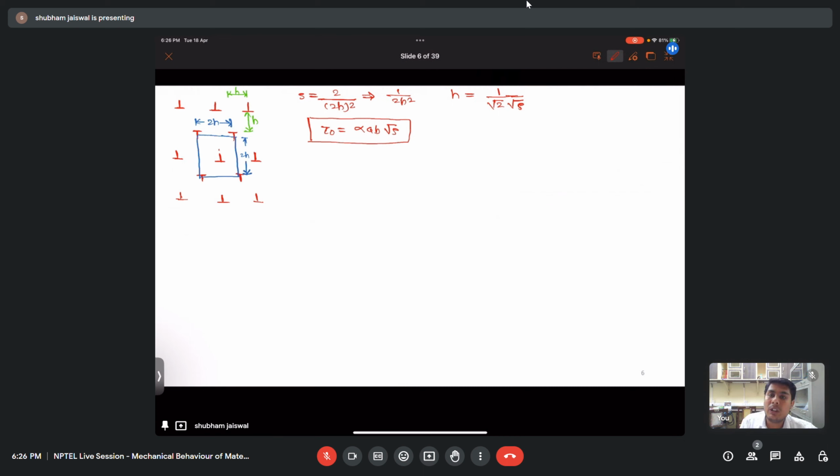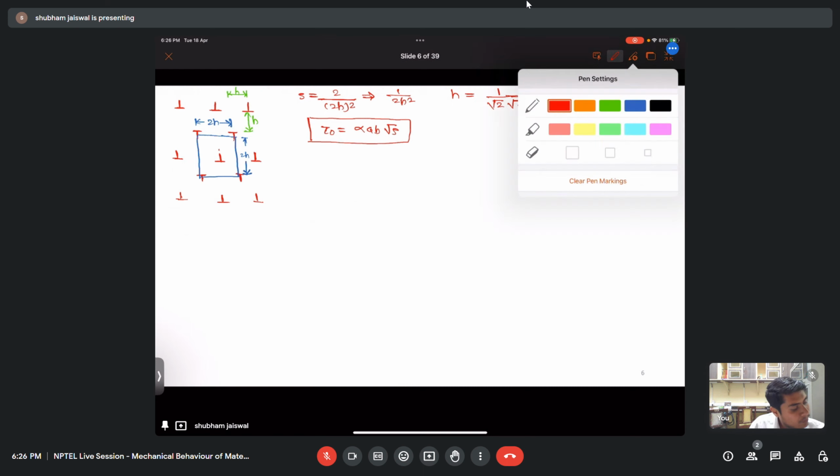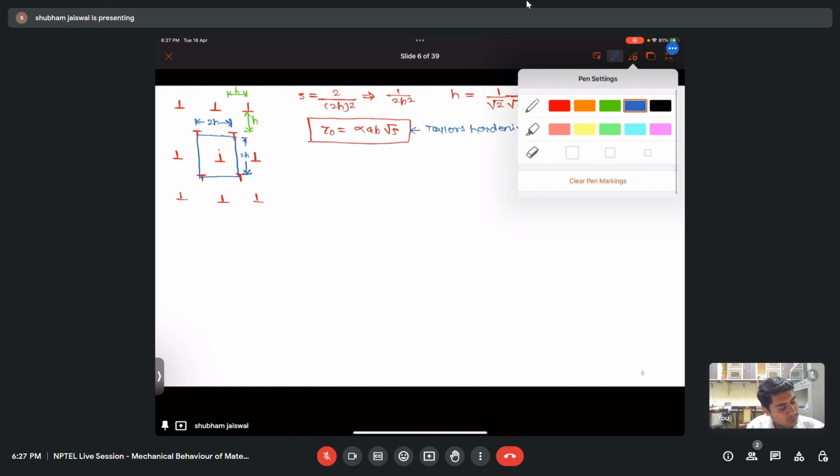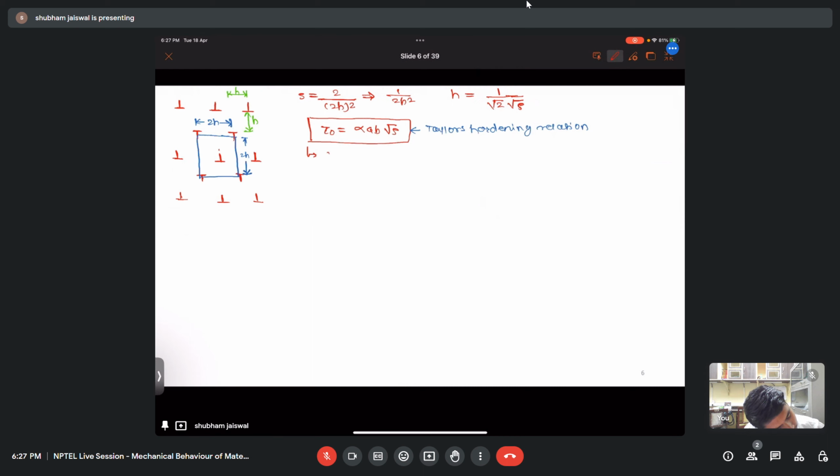It gives the shear strength of the material as a function of dislocation density.